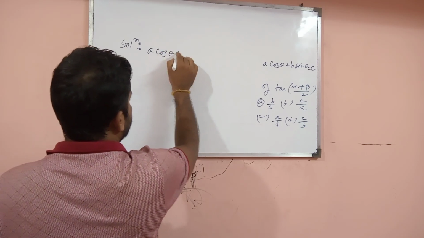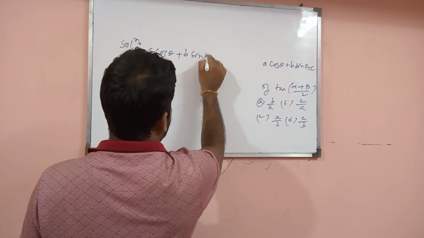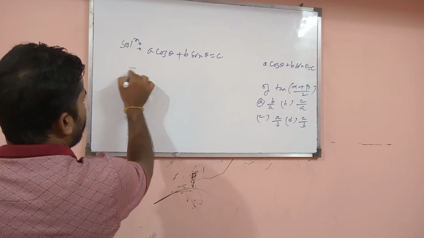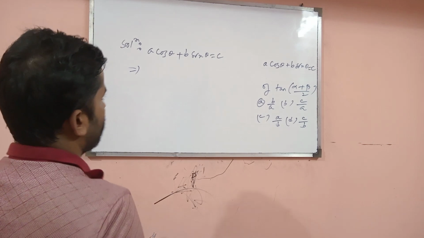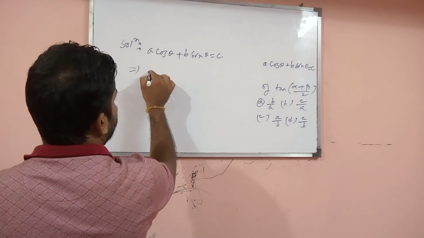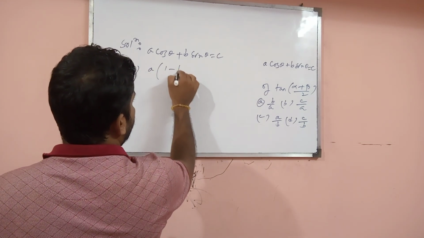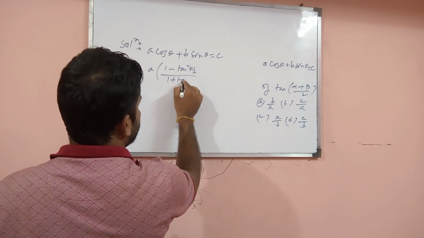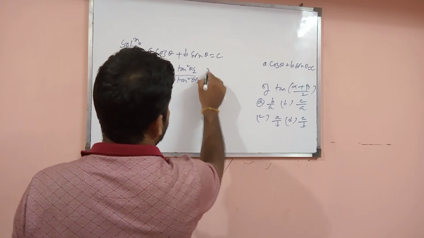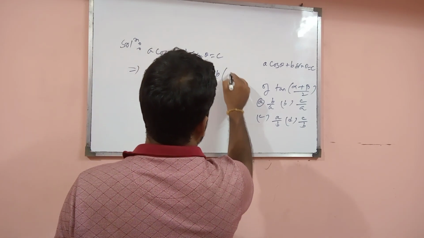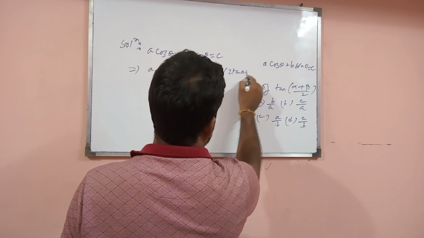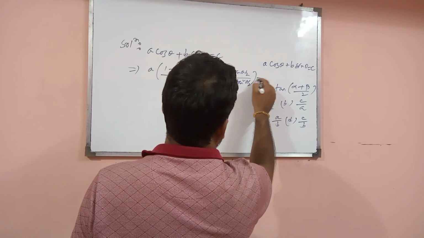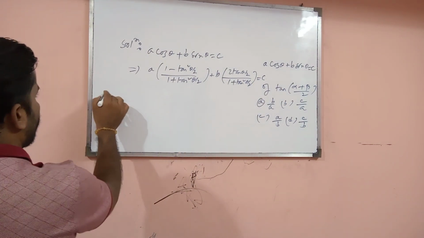a cos theta plus b sin theta equal to c. We can transform cos into tan: a times (1 minus tan square theta by 2) by (1 plus tan square theta by 2), plus b times 2 tan theta by 2 by (1 plus tan square theta by 2), is equal to c.